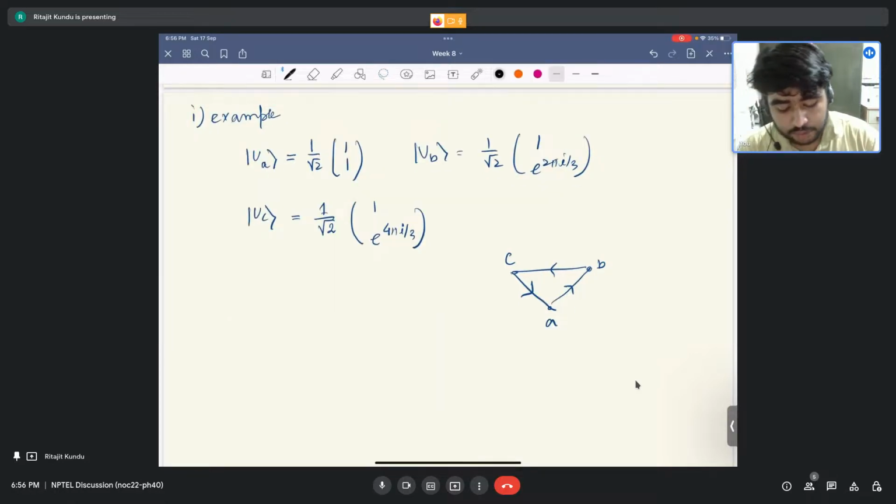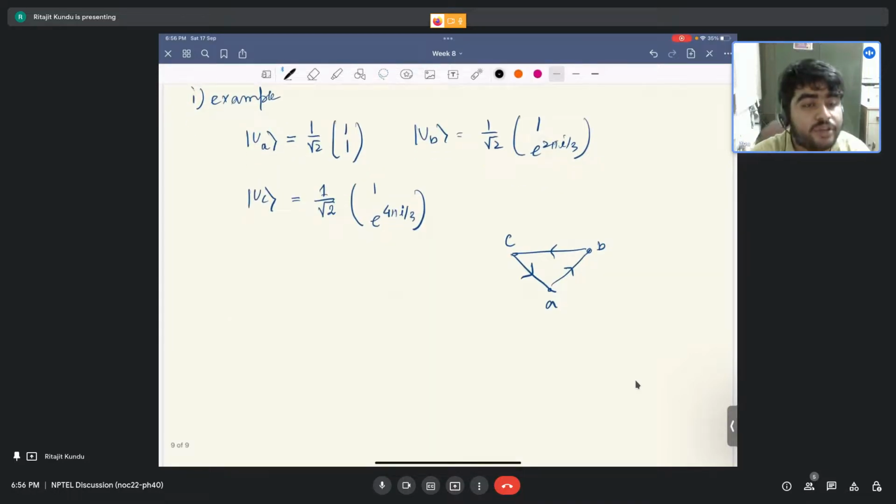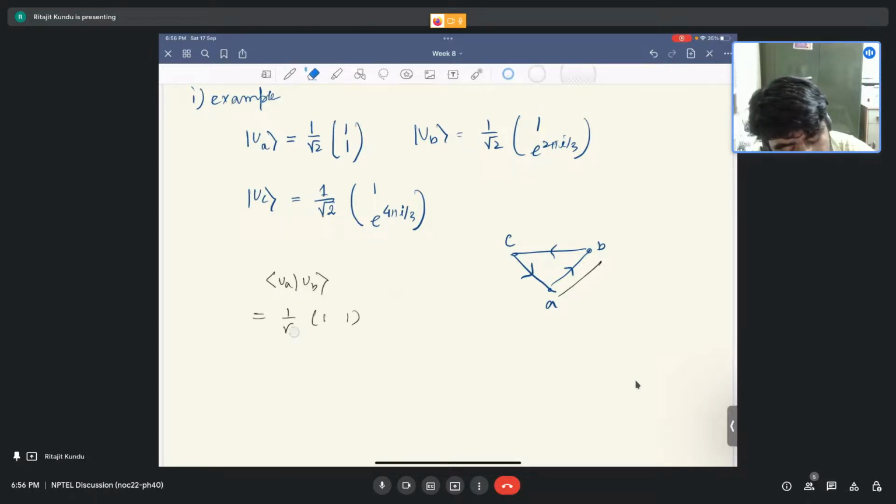Now I have to calculate inner products between nearby indices. So first, UA and UB. This is just 1 by square root 2 times (1, 1), and there is another 1 by square root 2 coming from UB also.